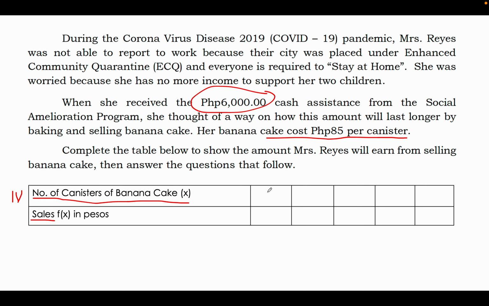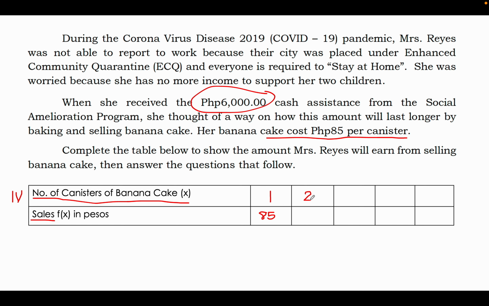Meaning, kung isang canister yung mabebenta niya, ang kanyang kita ay 85 pesos. Di ba? How about if nakabenta siya ng 2 canisters? 170 pesos. Anong ginawa natin? Pwede tayong gumamit ng basic na addition, di ba?